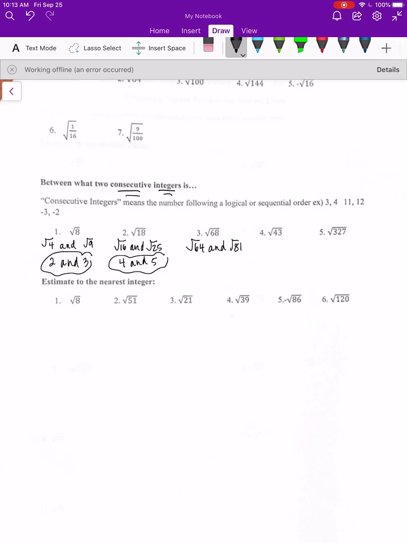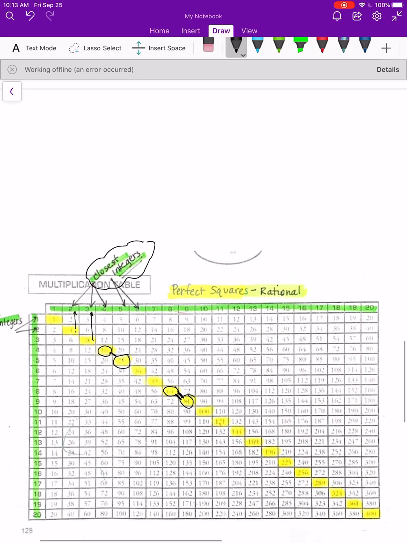Now I need the square root of 64, which is 8, and the square root of 81, which is 9. So 68 is between 8 and 9.